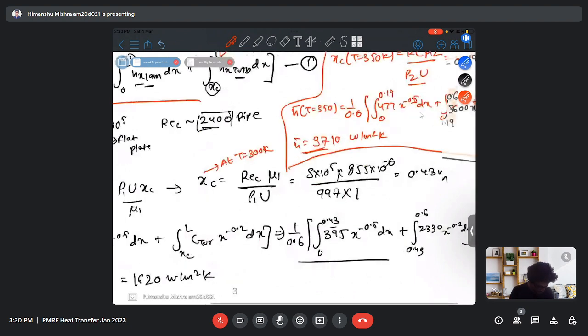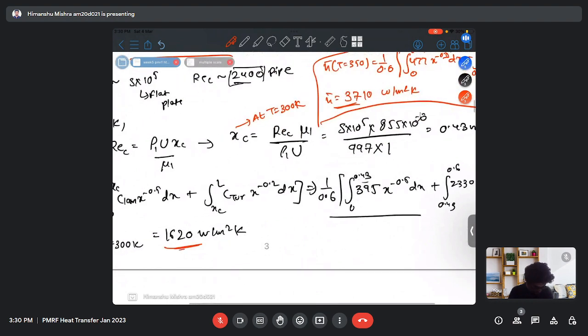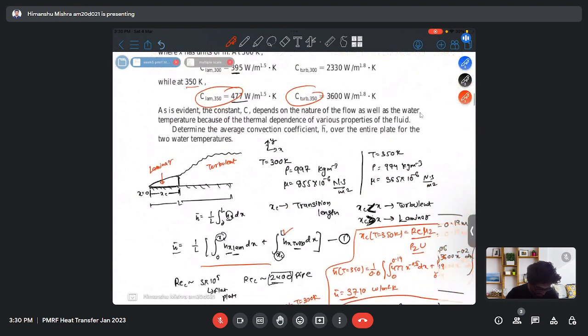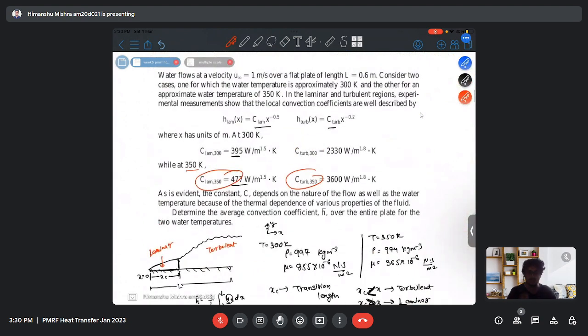So this is my average heat transfer coefficient at different temperatures. In this question we have been given a local heat transfer coefficient which is different for laminar and turbulent flow. We have been given that the flow becomes turbulent in nature, and so we found the critical length, beyond which the flow becomes completely turbulent.